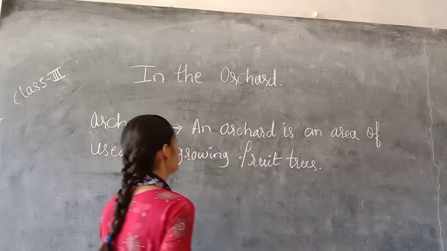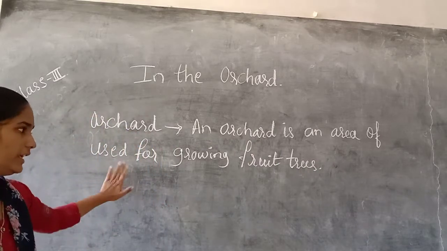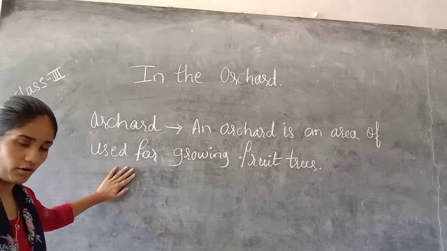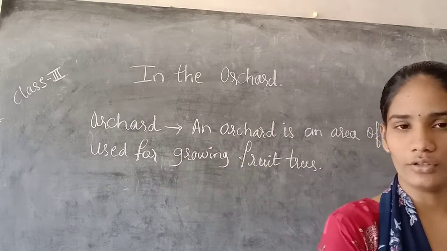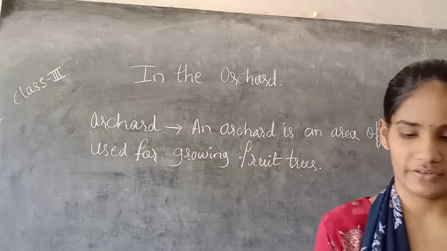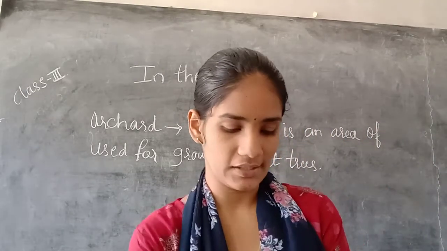This is known as an orchard. So take this definition, this meaning. What does it mean by orchard? We have to know. Students, in your book they have given the meaning of the orchard. So let us continue the lesson.